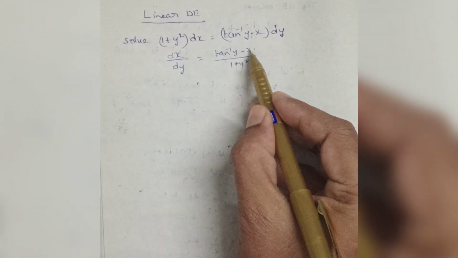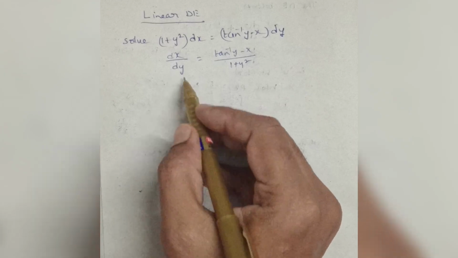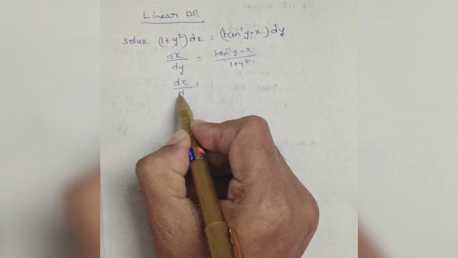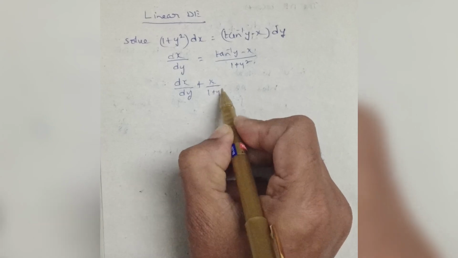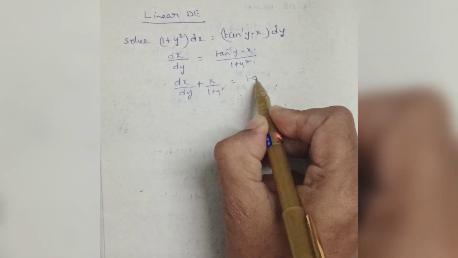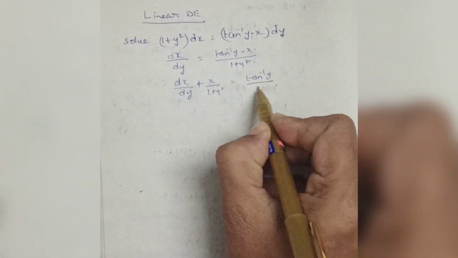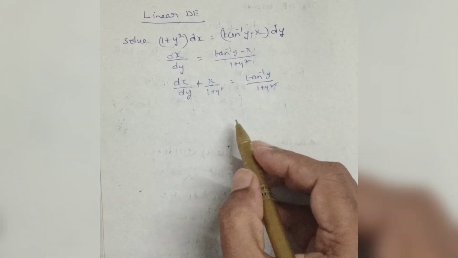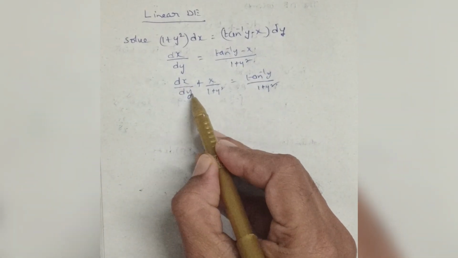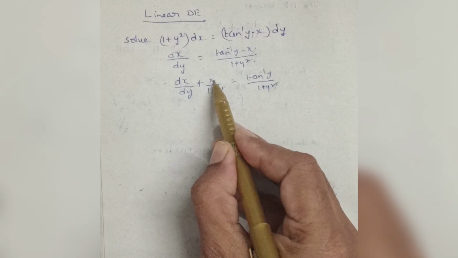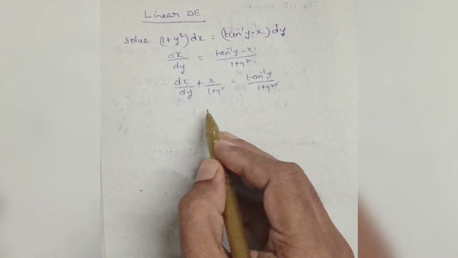By taking this minus x by 1 plus y square term to the left side, dx by dy plus x by 1 plus y square equal to tan inverse y by 1 plus y square. So this is a linear DE, dx by dy, in terms of x with respect to y functions.